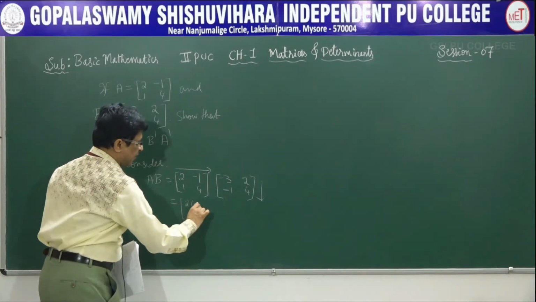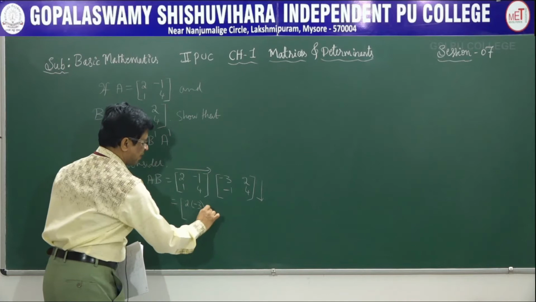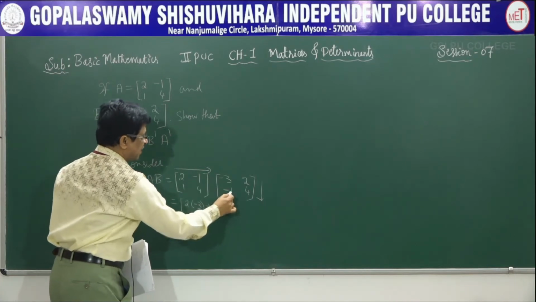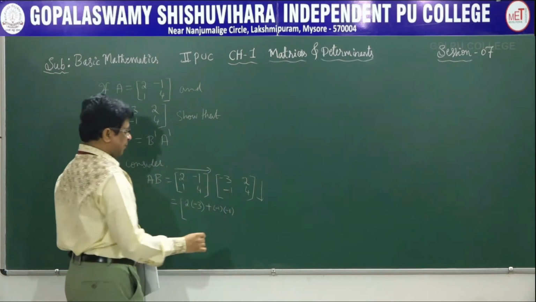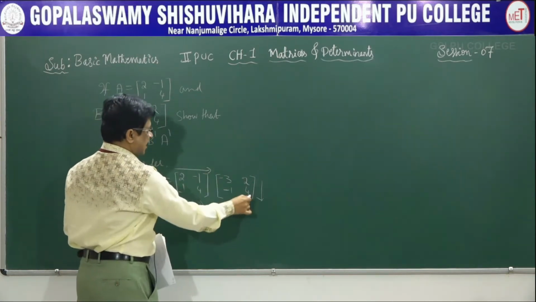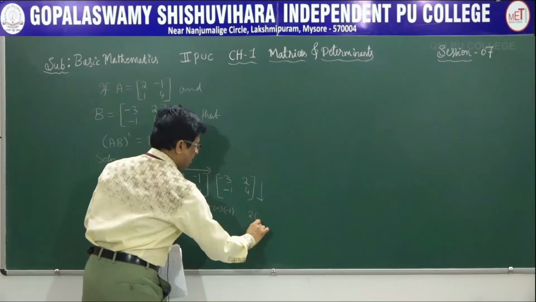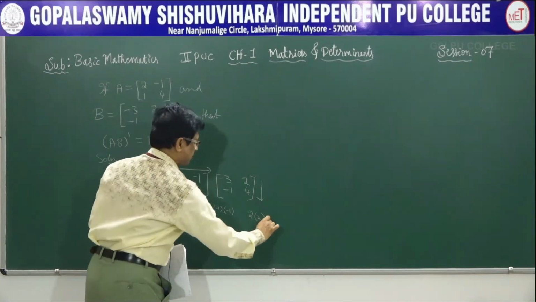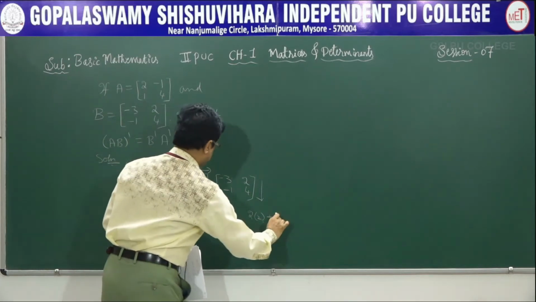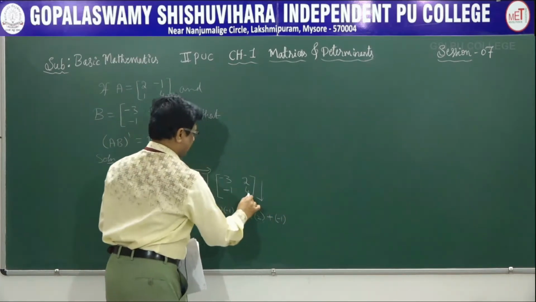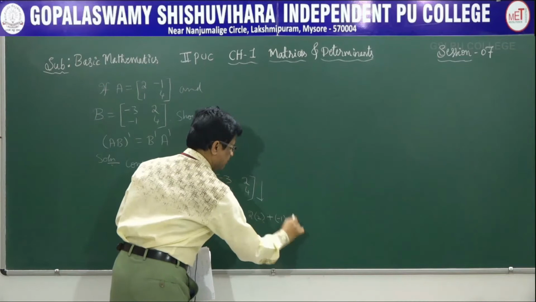So, 2 into minus 3 plus minus 1 into minus 1. Next, first row into second column, 2 into 2 plus minus 1 into 4.